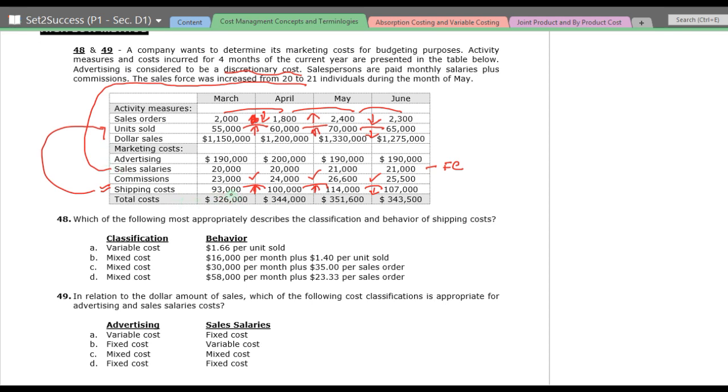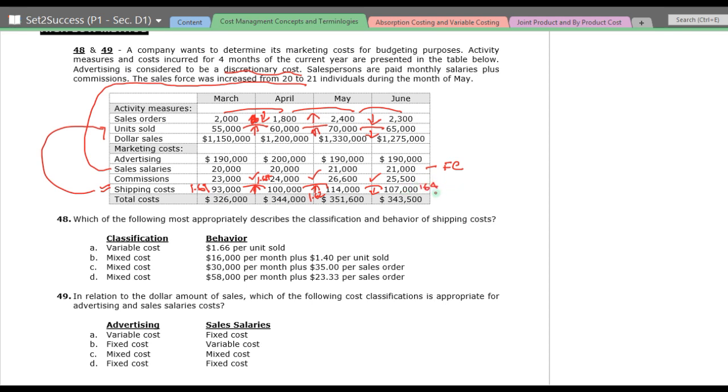So let us divide 93,000 by 55,000. When you divide 93,000 by 55,000, we get 1.69. 100,000 by 60,000, we get 1.67. 114,000 by 70,000, 1.62. 107,000 by 65,000, it is 1.64.